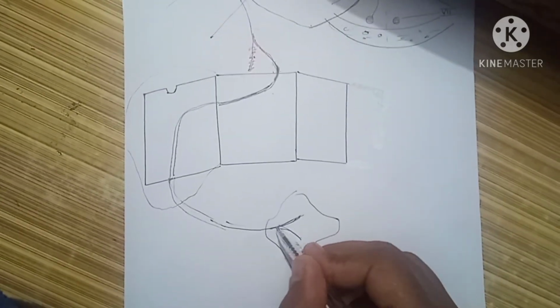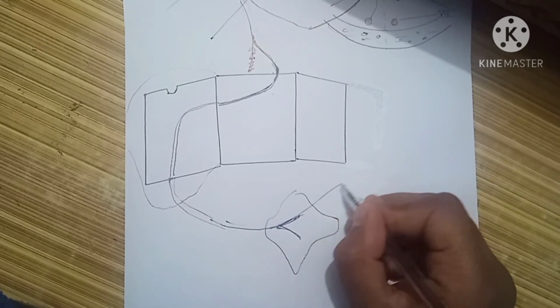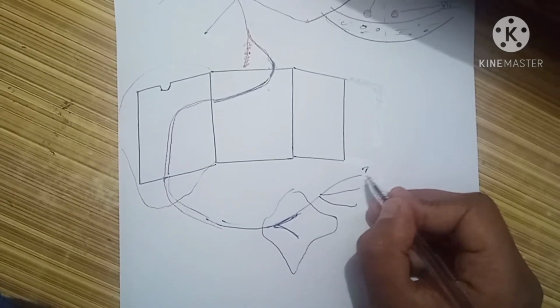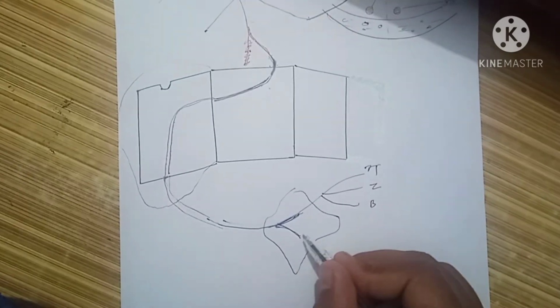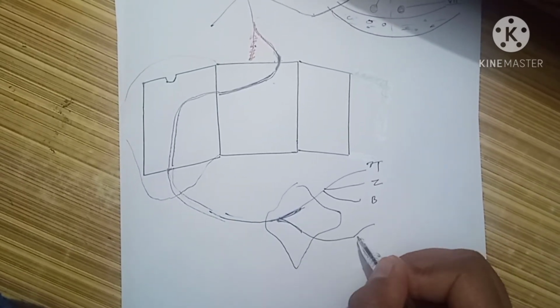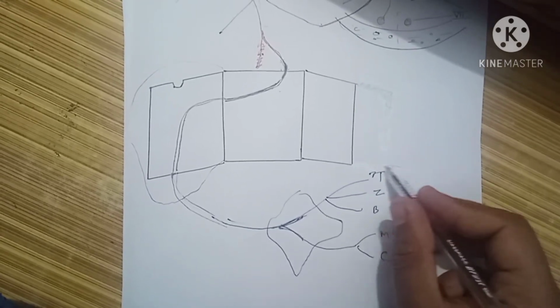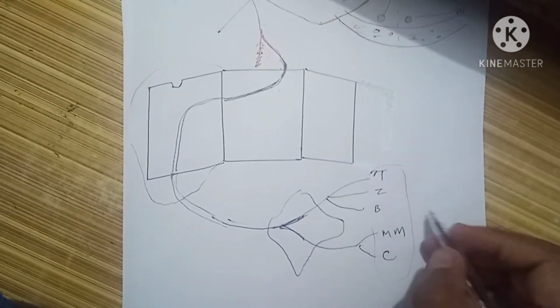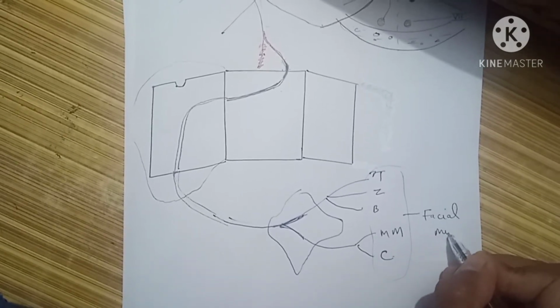It divides into the temporofacial and cervicofacial branch. This temporofacial further divides into the temporal branch, zygomatic branch, buccal branch, and this cervicofacial divides into the marginal mandibular and the cervical, which finally gives supply to the facial muscles. So this is the supply for facial muscles.